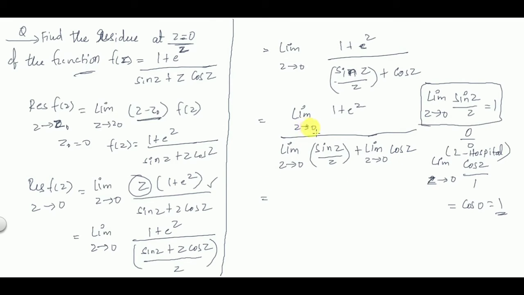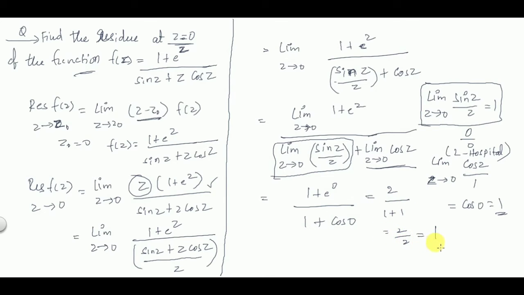So when you substitute z = 0 in the numerator, you'll get 1 + e^0, divided by this total value: the limit as z tends to 0 of sin z by z is 1, and when you substitute z = 0 in the other term you get cos 0. So 1 + e^0 is 1 + 1, which is 2, and in the denominator 1 + 1 is also 2, so 2 by 2 is equal to 1.